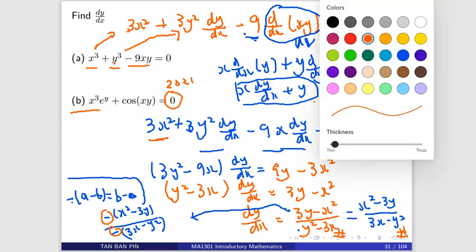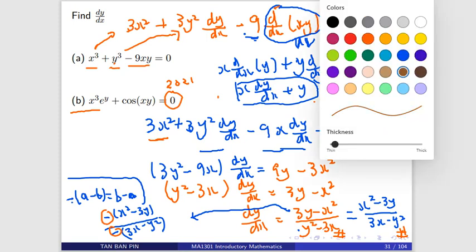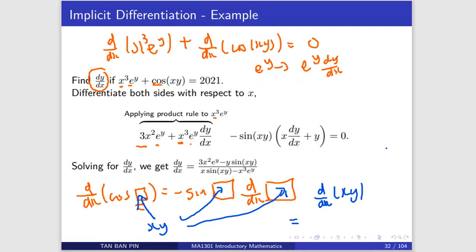In the previous part A, you considered d/dx of xy, and this answer is d/dx of xy. So it's x dy/dx plus y. So you can just copy this answer here. So that's why it's x dy/dx plus y. And then you just group the dy/dx terms together.